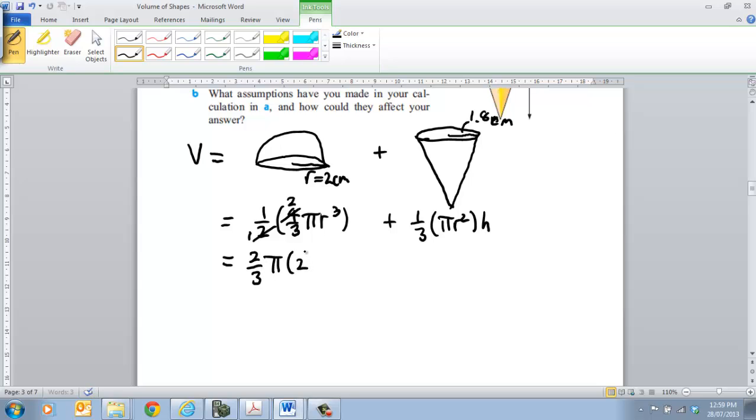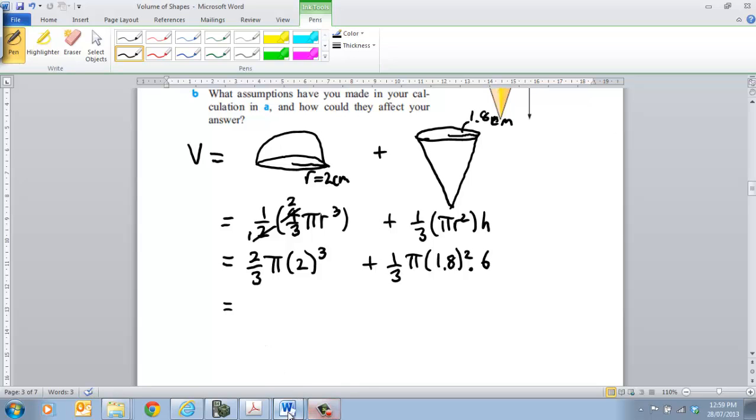So the radius there is 2 cubed, plus a third of the other bit, which is pi, times by the radius, which is 1.8 squared, times by the height, which is 6 centimetres. Right, so that's in centimetres, so when we get our answer, it will be in centimetres cubed.